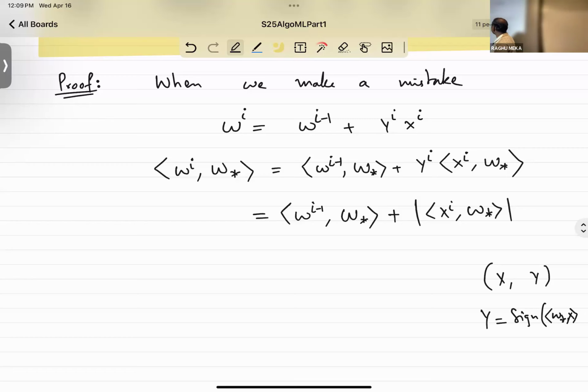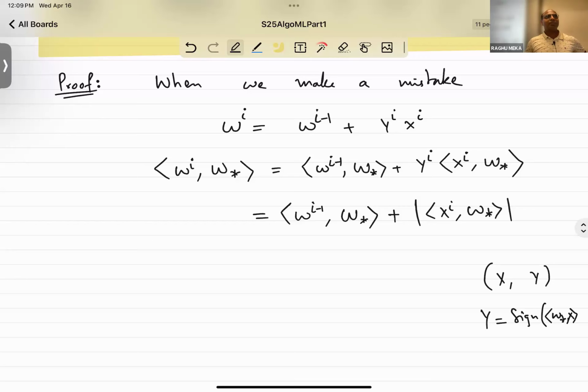And what can you tell me about this number? We want to say that the correlation is increasing. So at least qualitatively it is increasing, because the correlation as measured by this dot product, you're adding something which is positive. Okay. But can we say that we make some noticeable progress, that you're not just adding something non-negative, you're actually adding something noticeable? What about this number? Can we say anything about it?